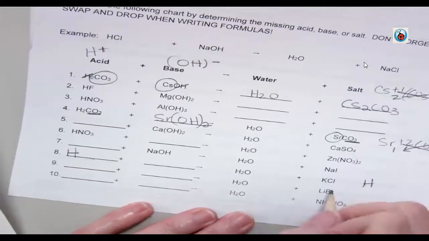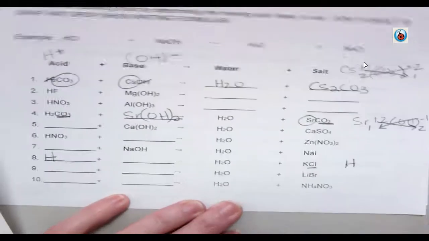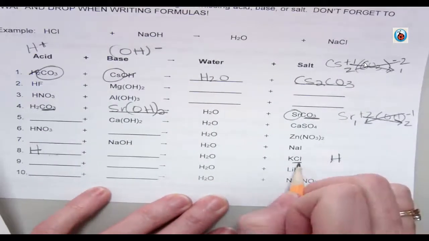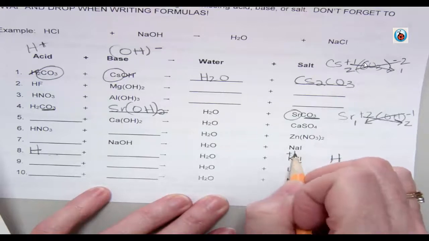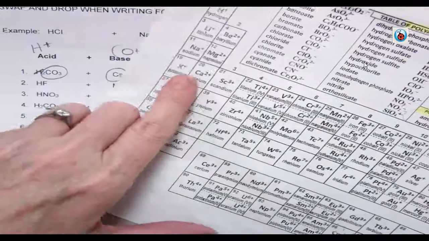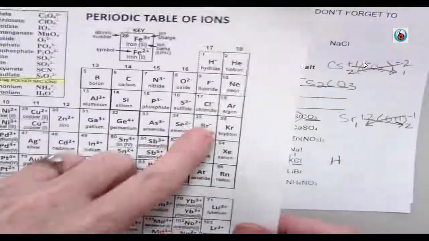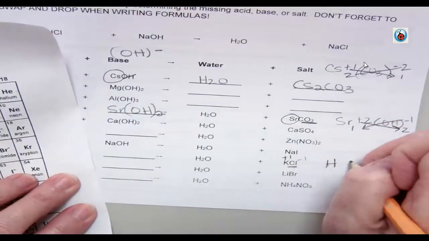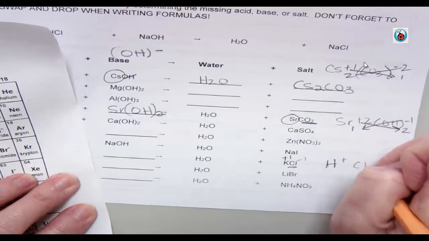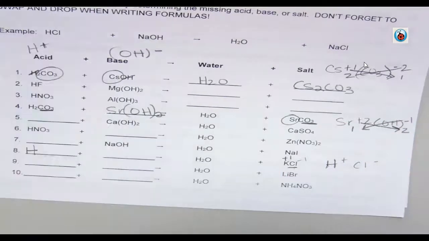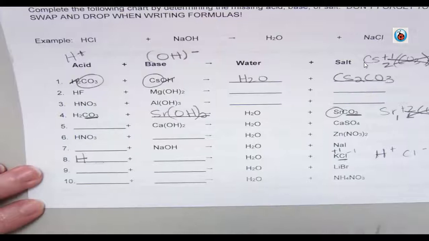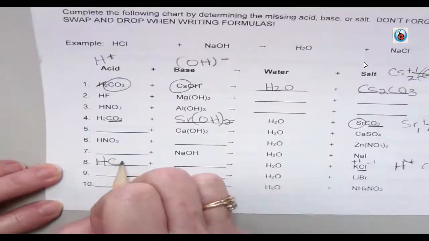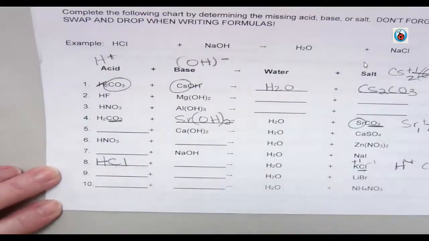Hydrogen's positive, so he's going to go with the negative ion, or our anion here, which is chlorine, because potassium's a +1, right? Chlorine's our nonmetal. He's our -1. So we're going to have hydrogen, who's a +1, and chlorine, who's a -1, and they're going to form an acid. And so those cancel out. So I get HCl, or hydrochloric acid.